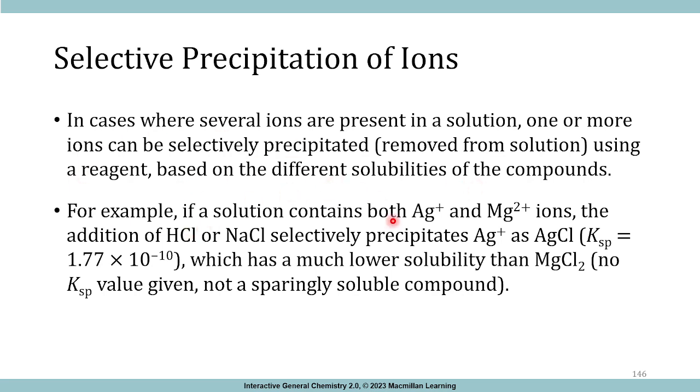For example, if a solution contains both the silver and magnesium ions, the addition of HCl or NaCl is going to selectively precipitate the silver because the silver has a much, much lower KSP than the magnesium would. The magnesium, in fact, has no given KSP value because this is a sparingly soluble compound.